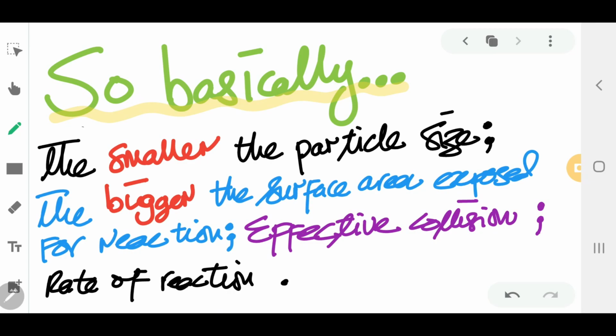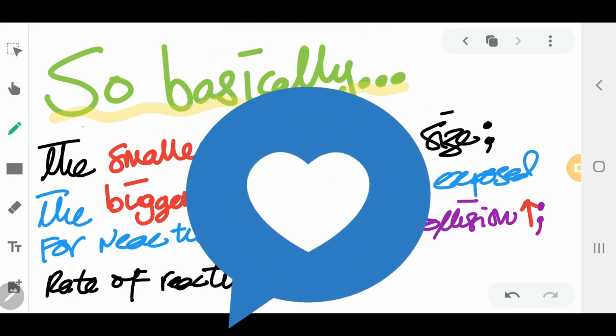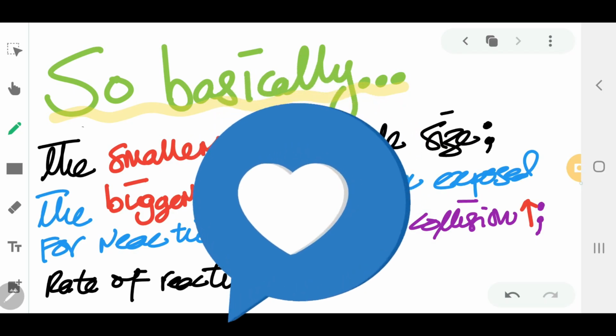And what happens to the effective collision? The frequency of effective collision will increase, and the rate of reaction will increase.